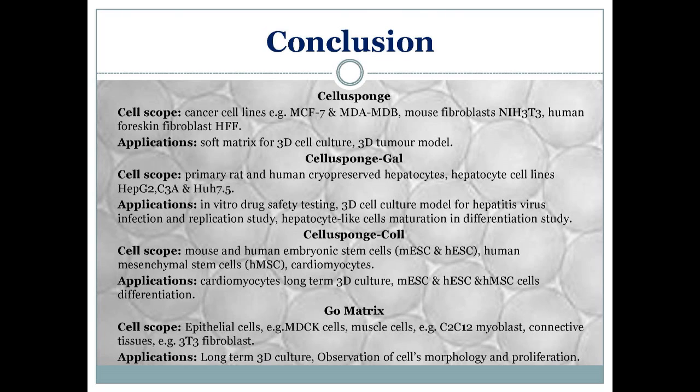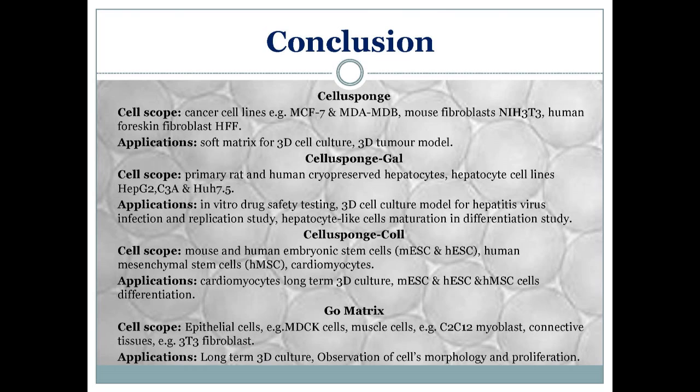In terms of Cellosponge Gelatos, it is designed for primary rat and human hepatocytes and hepatocyte cell lines. Its applications: in vitro drug testing, 3D cell culture model for hepatitis virus infection and replication study, hepatocyte-like cells maturation in differentiation study.